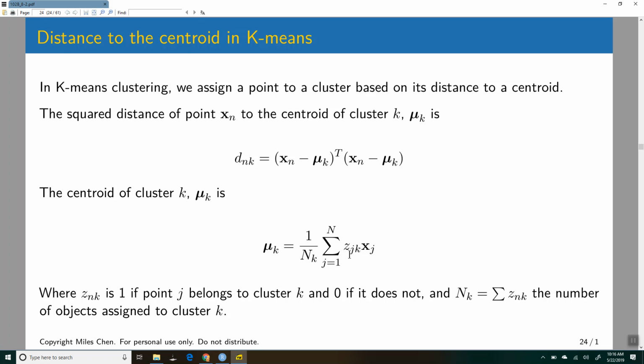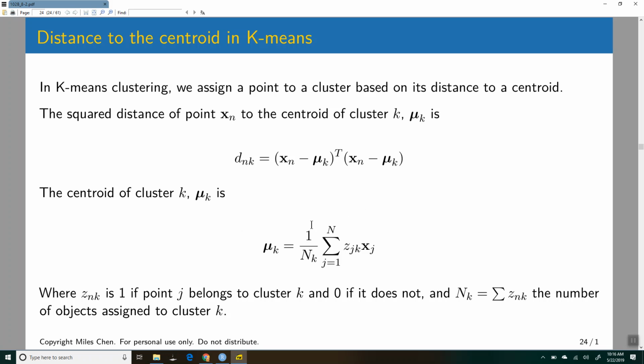If it doesn't belong to the cluster, it's going to be 0, okay? And then we sum up all of the points that belong to the cluster, and divide by nk, which is how many points belong to the cluster. That's going to give us the centroid. I think we covered this on Monday, but it's good to review it again. So the centroid of a cluster is this.